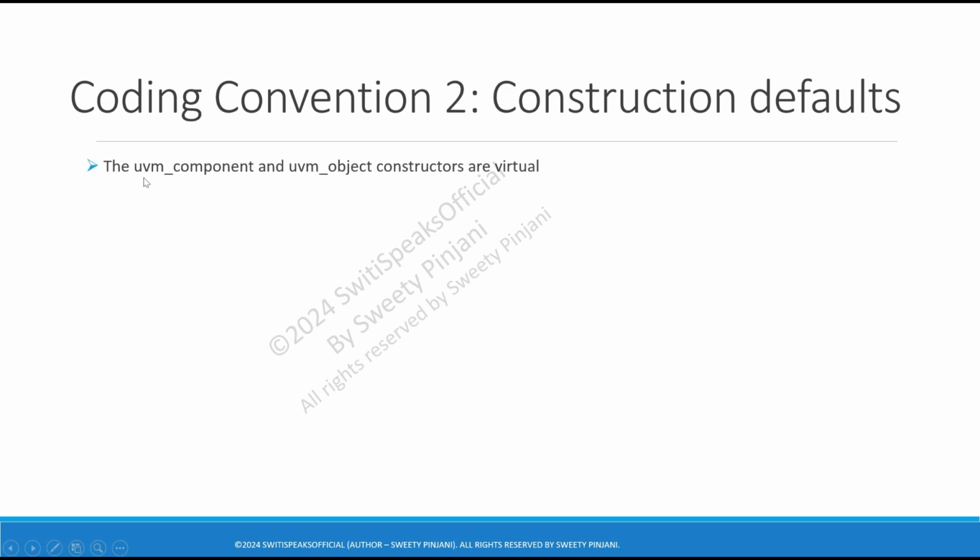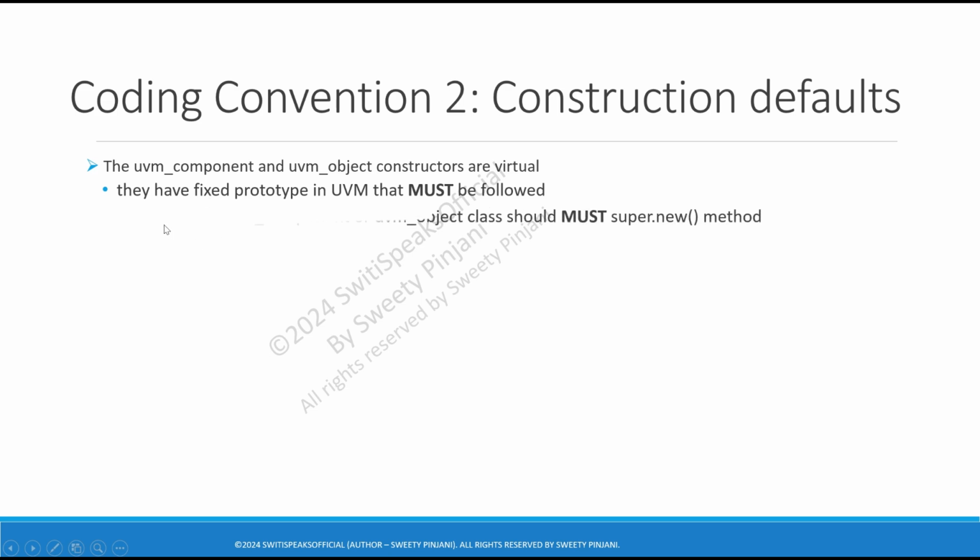You need to first understand that UVM component and UVM object constructors are virtual, and they have a fixed prototype in UVM that must be followed. As I said, UVM prototypes are fixed. You have to follow the syntax as it is. You can practice it, see it a few times, write it by yourself. It will be clear in your mind. It's not that difficult. Then every derived UVM component or UVM object class must call super.new method.